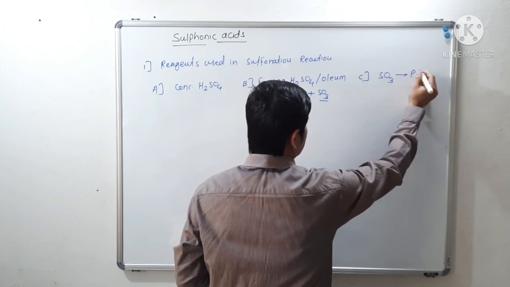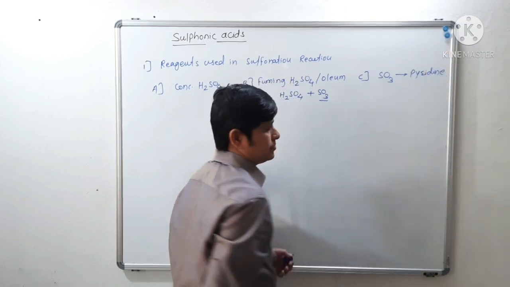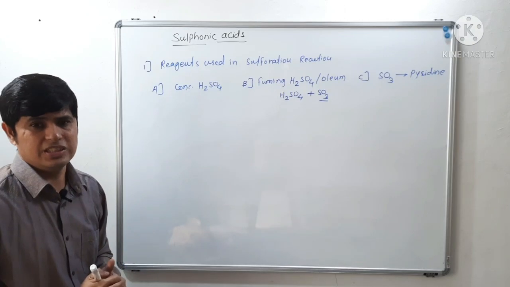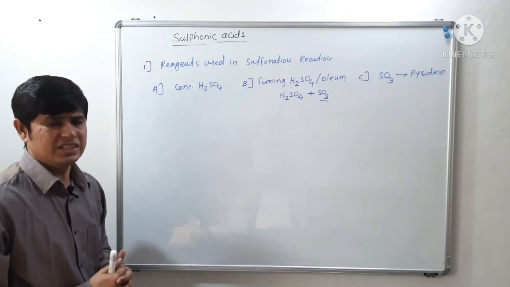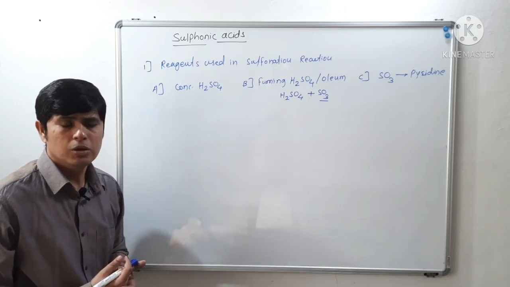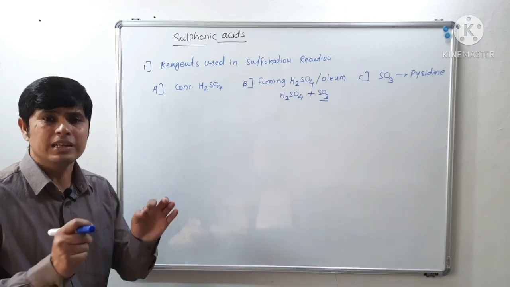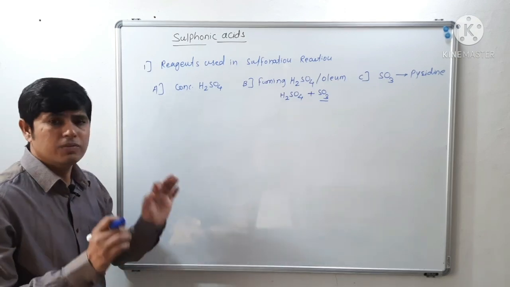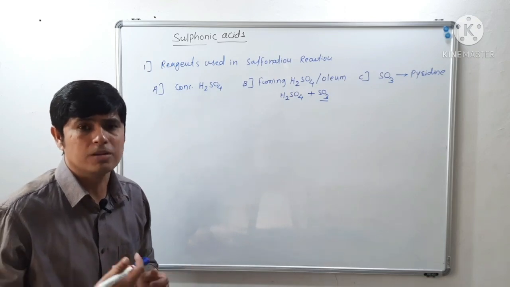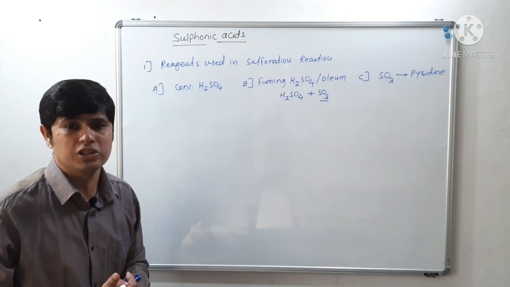So these are the sulfonating reagents. Now the question is, which sulfonating reagent do we choose for a sulfonation reaction? This depends on the substrate, that is, on which compound we have to carry out the sulfonation reaction.